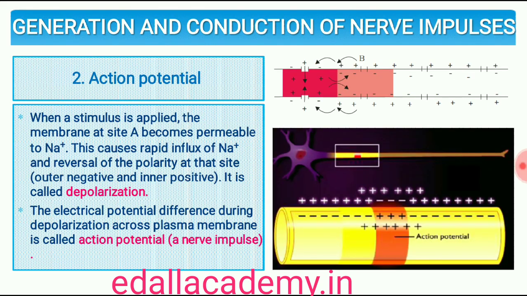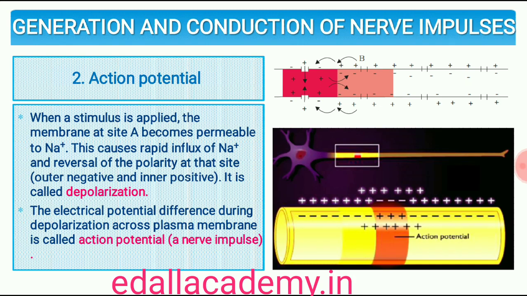You might be curious to know about the mechanisms of generation of nerve impulse and its conduction along an axon. When a stimulus is applied at a site, for example point A in Figure 21.2, on the polarized membrane, the membrane at site A becomes freely permeable to Na+.